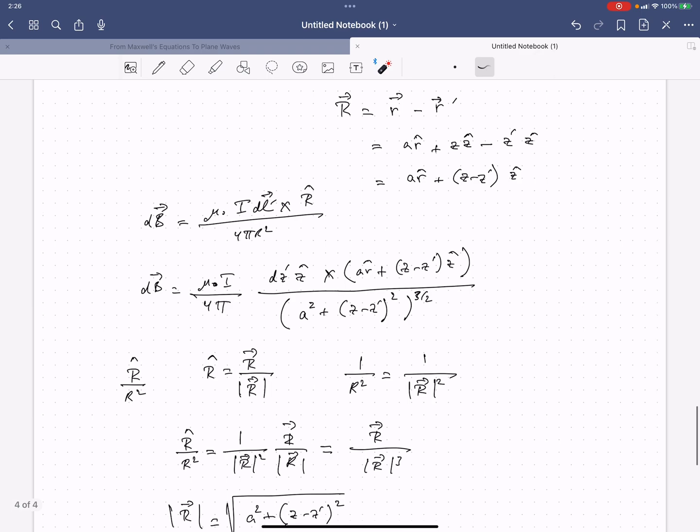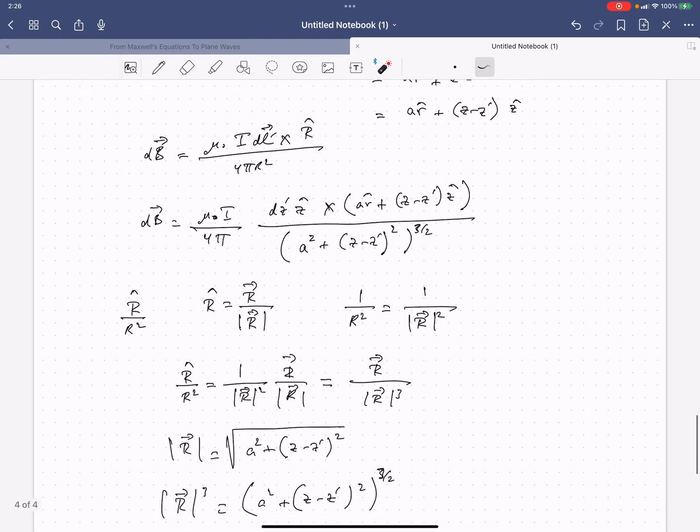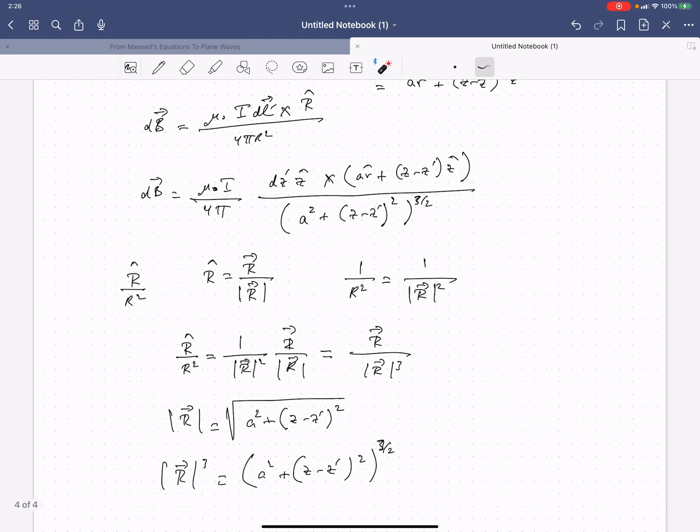Okay, now I also need to put in a direction for B. Notice we've got this vector dB with this cross product. The cross product will tell us where that is. Where will be the direction of dB? If you look at it, I have two cross products here.